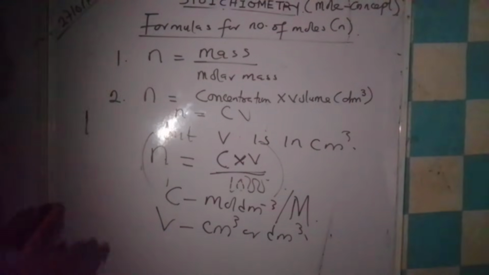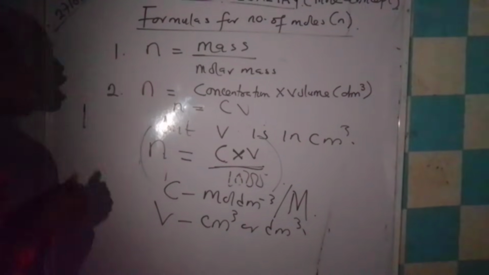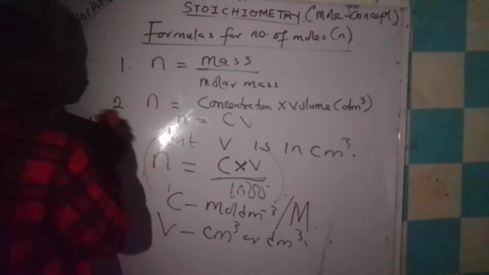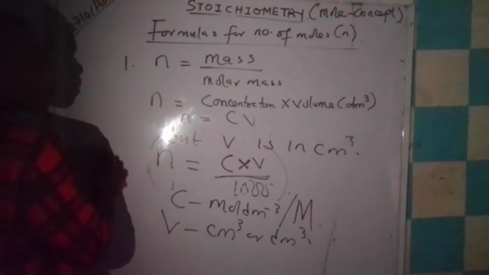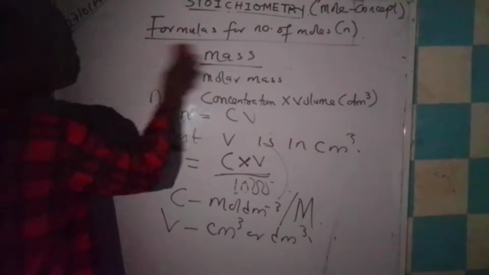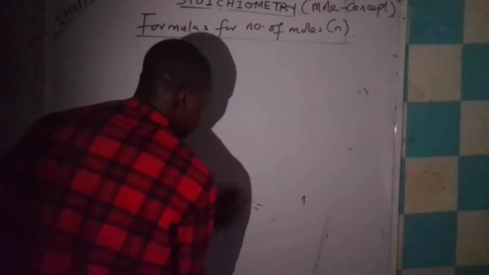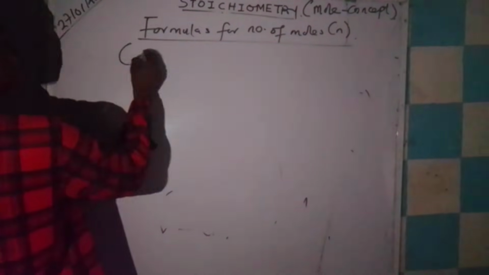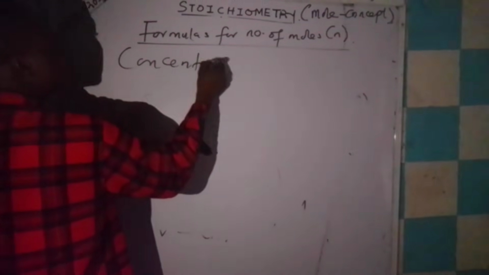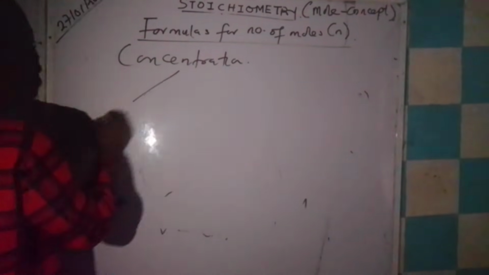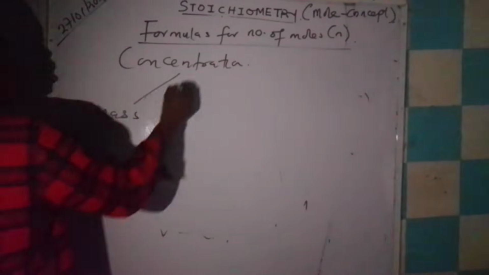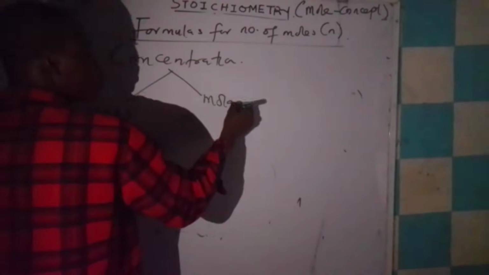So that's the formula. Now note, there are 2 types of concentration in chemistry. We have mass concentration and we have molar concentration.